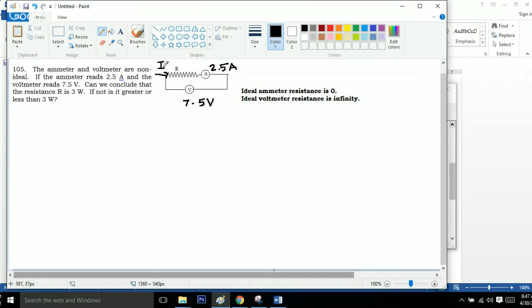When I is the current flowing, according to Ohm's law, I into R plus ammeter resistance, because R and ammeter are in series, so for total resistance I should add these two. Current into total resistance should be total PD 7.5 volt. Then R plus R ammeter equals 7.5 divided by I. That I was given as 2.5. Then you are getting 3 ohm, correct?